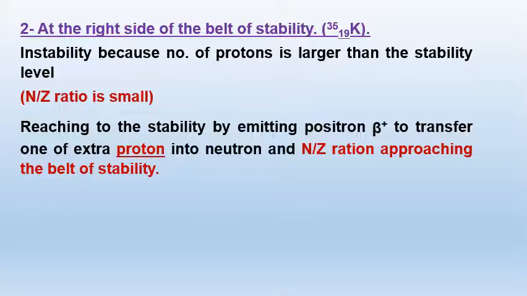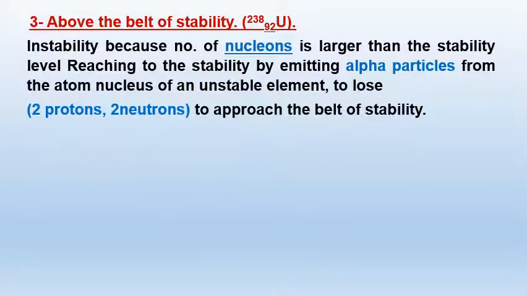Let's see what happens to the elements above the stability belt. The elements above the stability belt are unstable because they have a number of nucleons larger than the stability level. What is meant by nucleons?